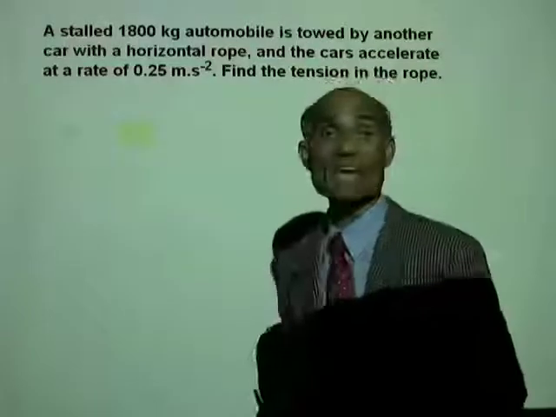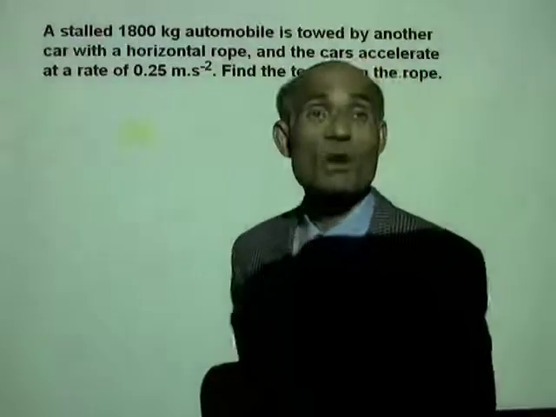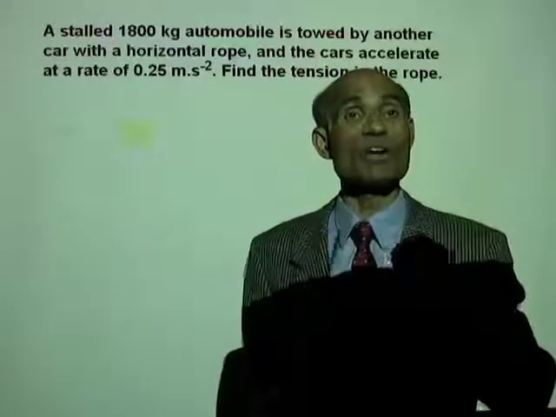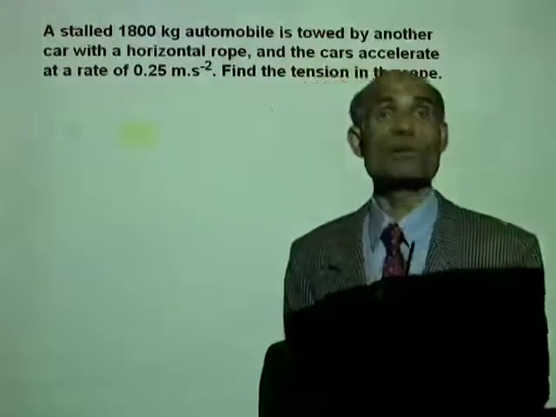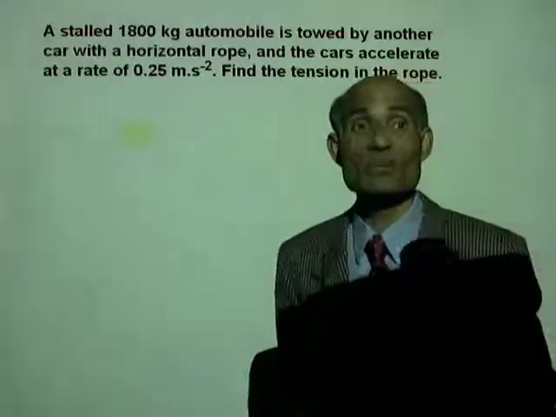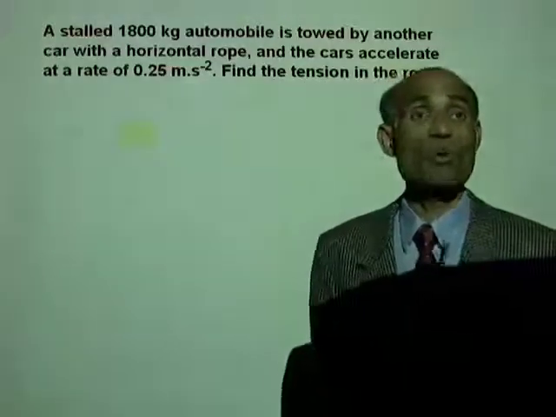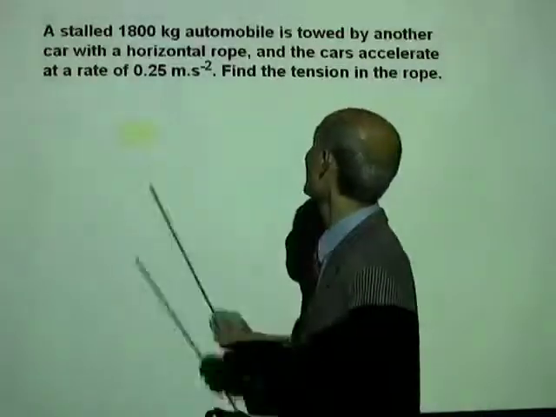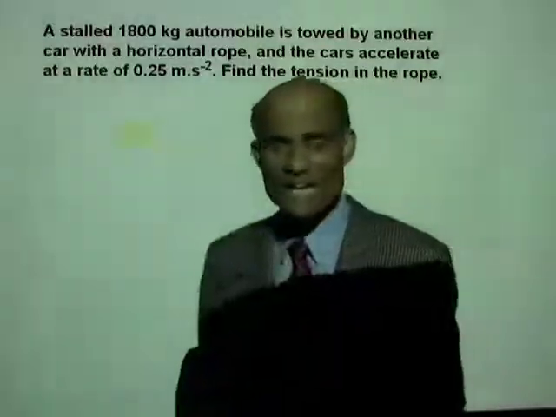A stalled 1800 kilogram automobile is towed by another car with a horizontal rope, and the cars accelerate at the rate of 0.25 meter per second squared. Find the tension in the rope.